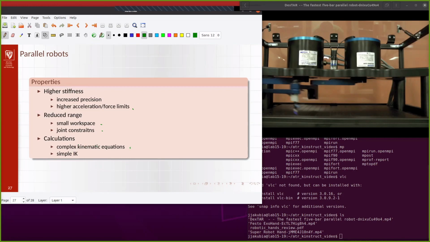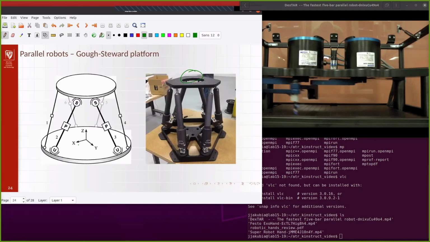Much simpler is to solve the inverse kinematics, because it may be solved, for example, in the case like here, when we know where this plate is going to be, we don't solve it for 6 degrees of freedom. We just solve it separately for each of the arms.